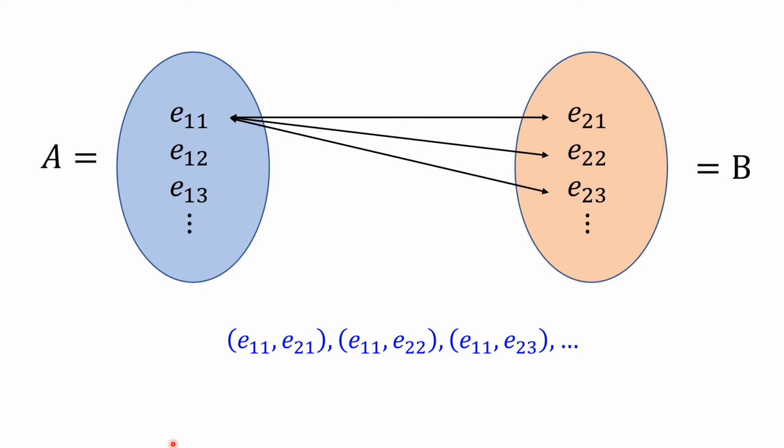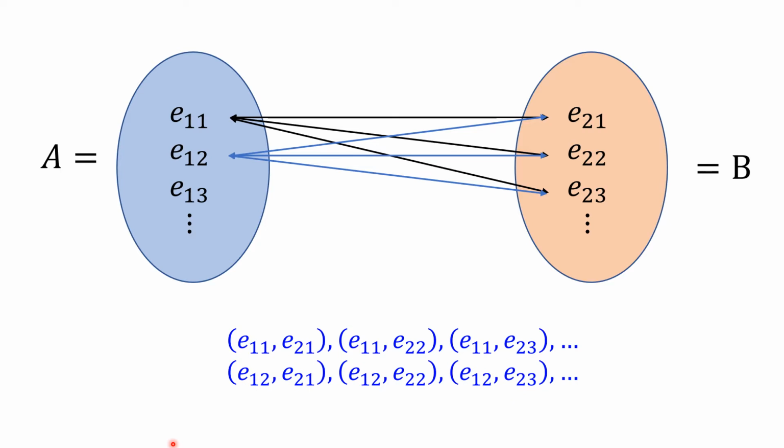Similarly, we can pair e12 to e21, e22, e23 and write these pairs as (e12, e21), (e12, e22), (e12, e23).